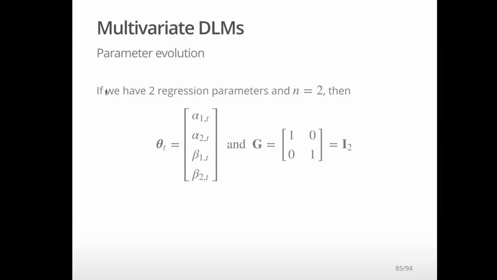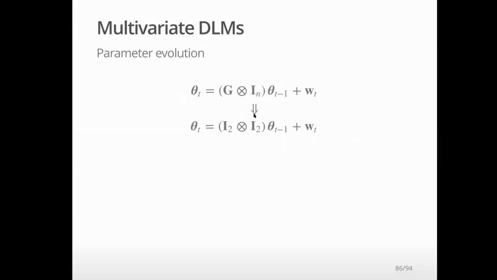Okay, so if we had two regression parameters and we had two responses, just like that other one, that means we have two intercepts and we have two slopes. And G here would be 1 by 1 because we need something for the alphas and something for the betas, and that's I2. But now we need to expand this.